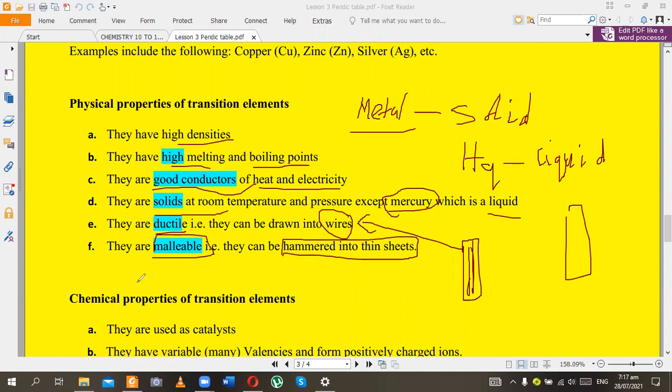Now, another one, sonorous. These metals are also sonorous. Let me write it here, sonorous. We're talking about the property that describes them being able to produce sound, having the ability to produce sound.